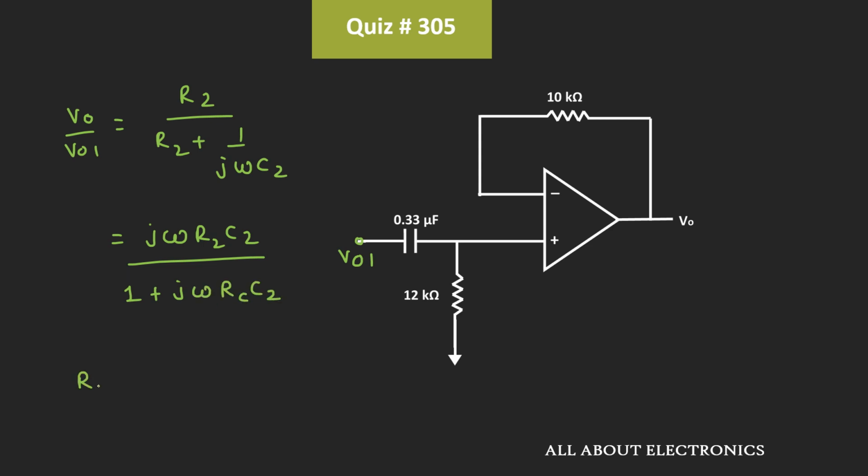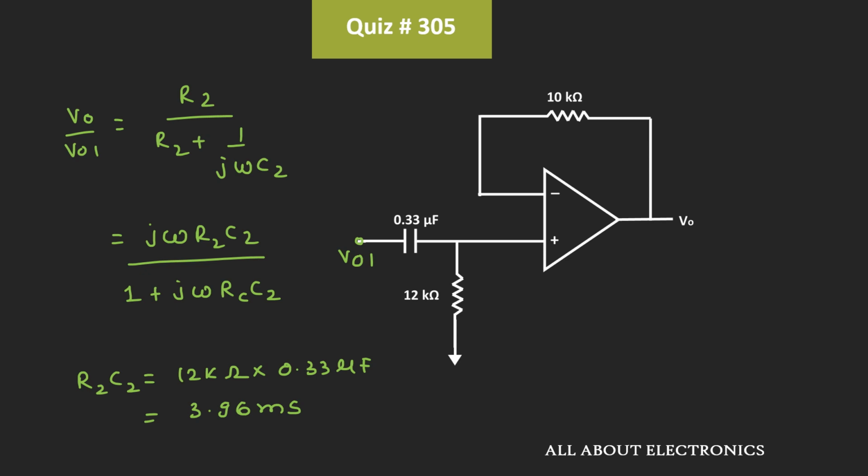And here this R2 times C2 is equal to 12 kilo ohm times 0.33 microfarad, that is equal to 3.96 millisecond.